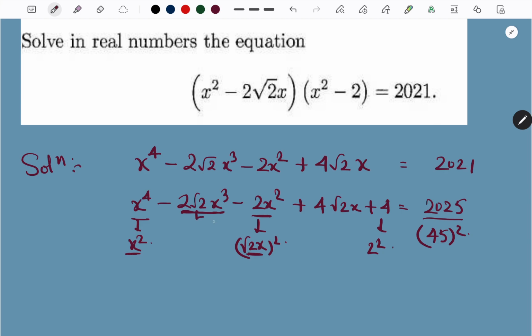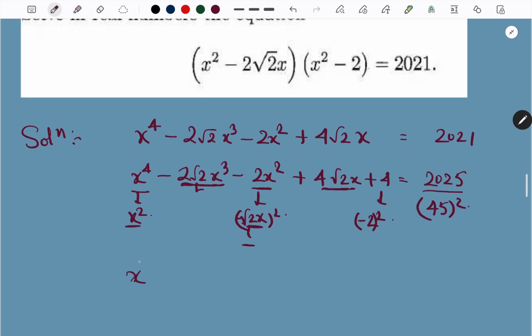Now 2ab is of negative sign, so there will be a negative sign in this one, and here again there is a positive sign, so this is multiplied with again a negative sign of this value, so the value of 4√2 becomes positive. So (x² - √2x - 2) whole squared is equal to 45 squared.